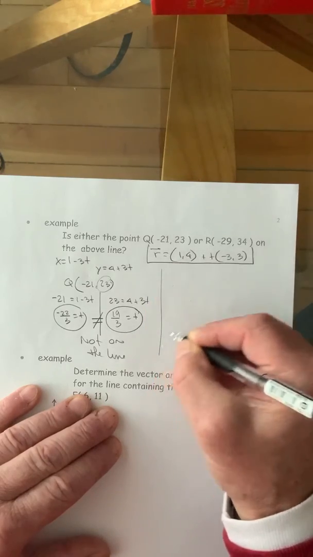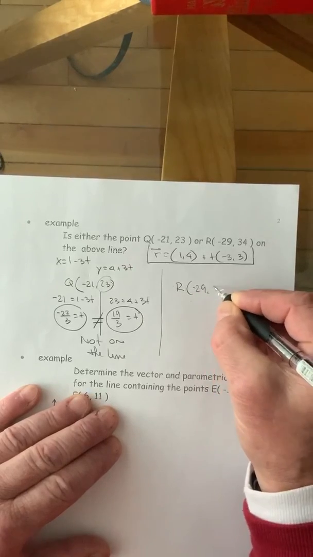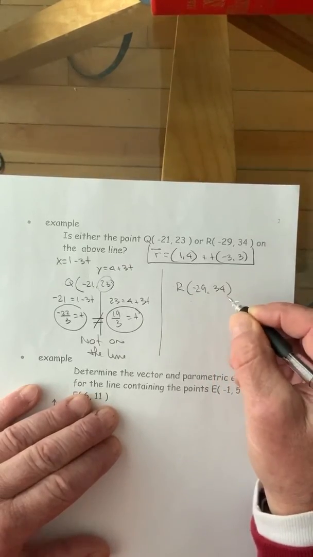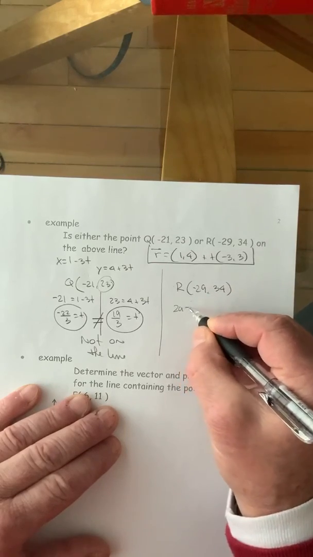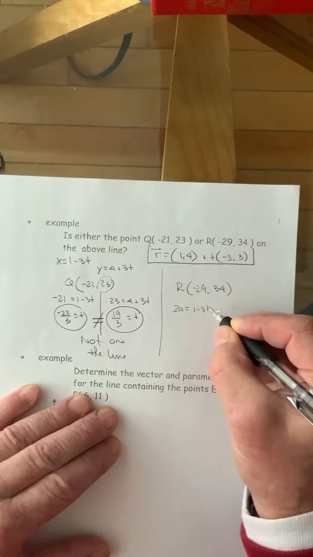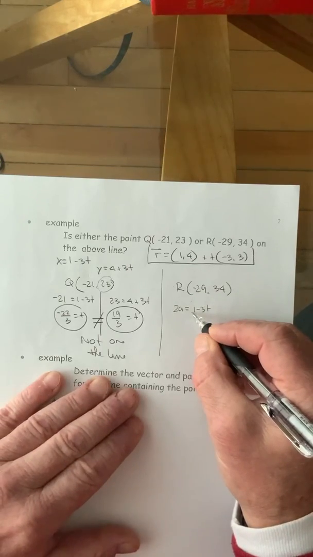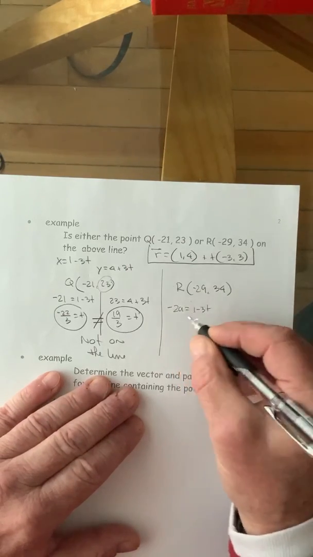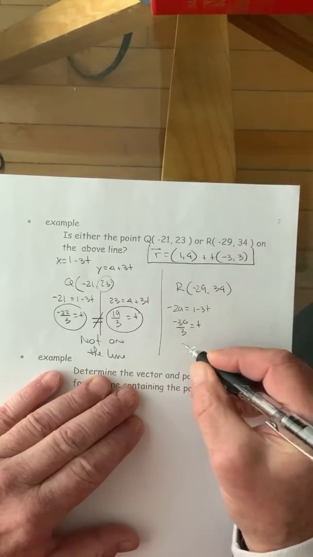Okay, let's try the other point. R, negative 29, 34. Negative 29 equals 1 minus 3t. Bring it across. I get negative 30 over 3 equals t.